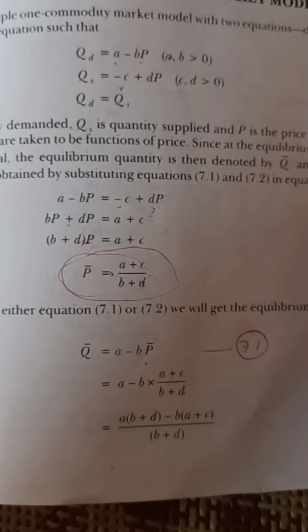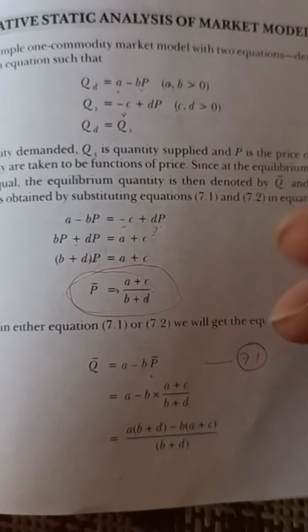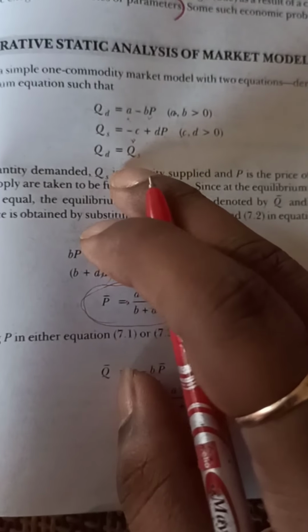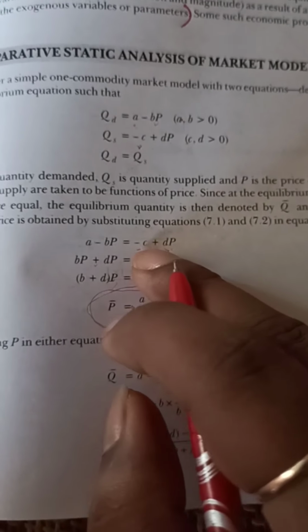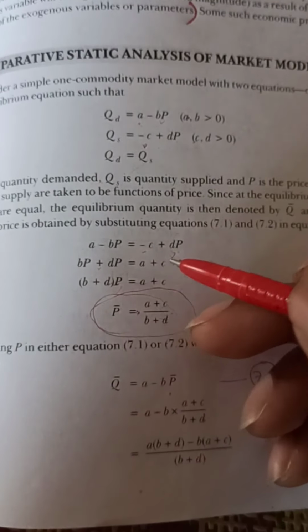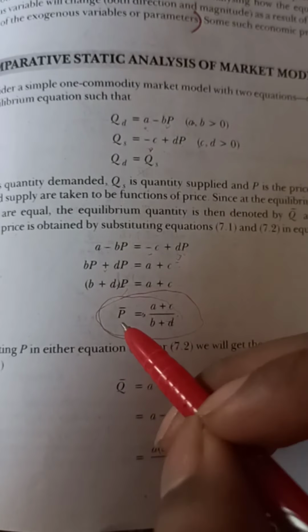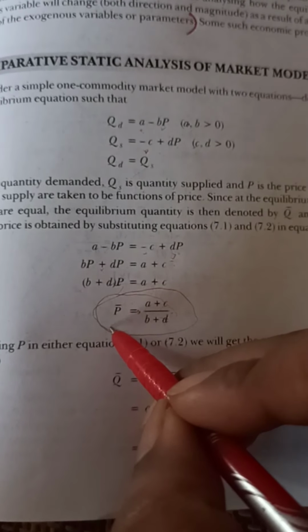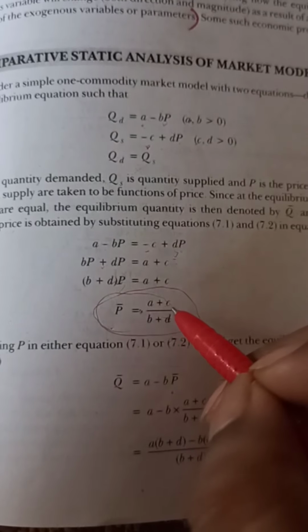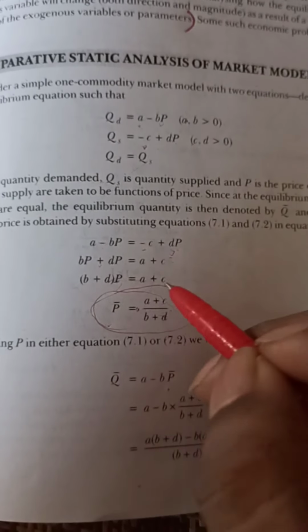Okay, so as we all know, at the equilibrium point quantity demanded is equal to quantity supplied. So what we will do, we will equate these two equations, and then by simple simplification we will reach a point where equilibrium price is determined. So we have determined the equilibrium price and it is given by A plus C divided by B plus D. This is the equation of equilibrium price.